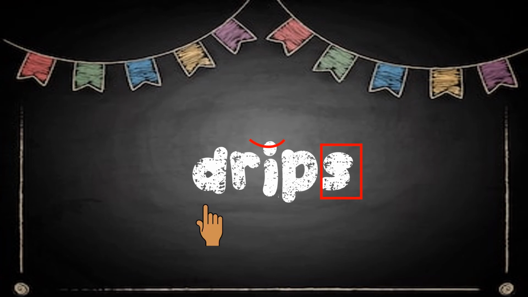Now let's go ahead and sound out our word. Drips. Ooh, I think we're going to leave that suffix S alone and it's going to make the Z sound. Let's sound it out again. Don't forget about that dr blend at the beginning of the word. Drips. And one more time. Drips.